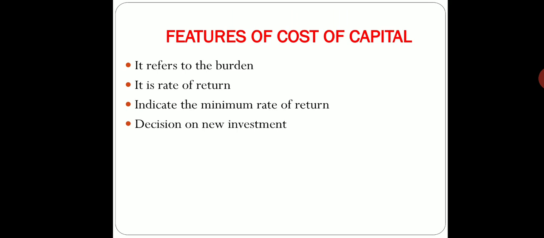If the rate of return is really very high, or if the rate of return is low, then the company is going to switch over from one alternative to another one. So, through the analysis of cost of capital, the company comes to know how the particular investment or how the particular cost is going to be useful in the near future.